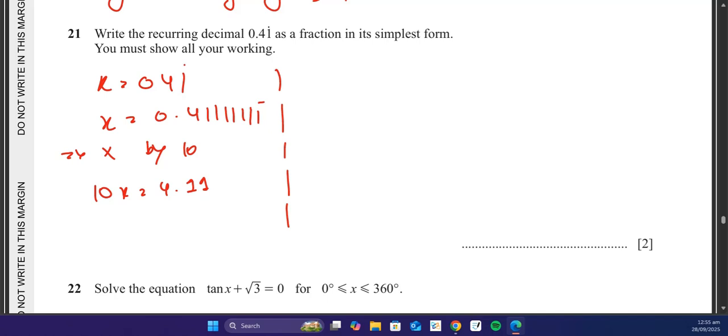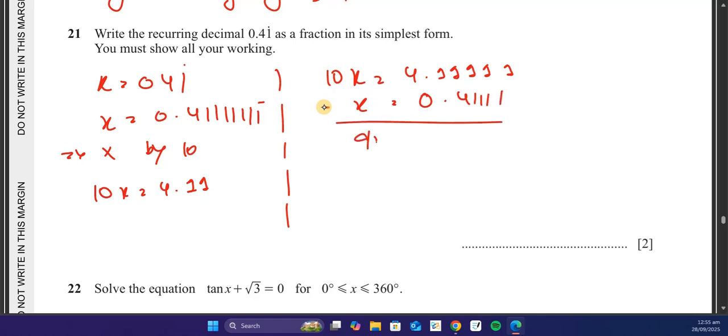So 10x is equal to 4.11111, and if we take the original, which was x, we could subtract x from it, 0.41111.